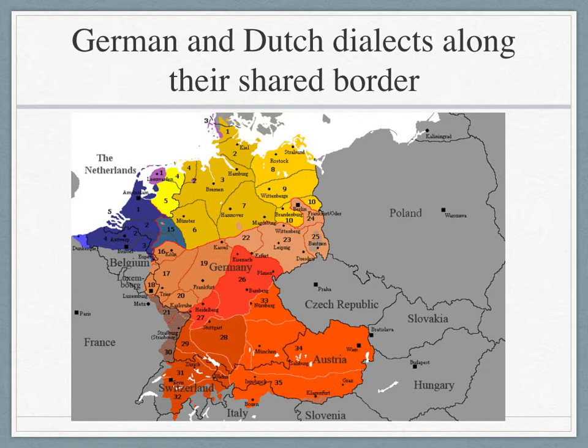But I want you to look at the border between the Netherlands and Germany, where that blue meets with some of the yellow. And the numbers on these regions are known dialect regions where people have an accent of that region.